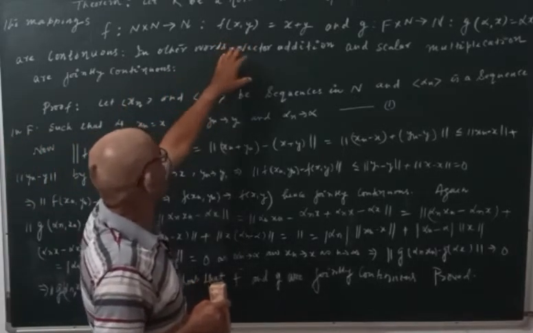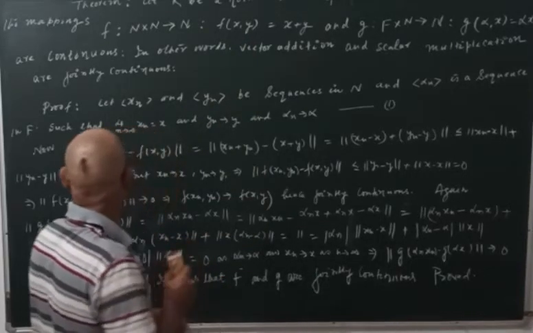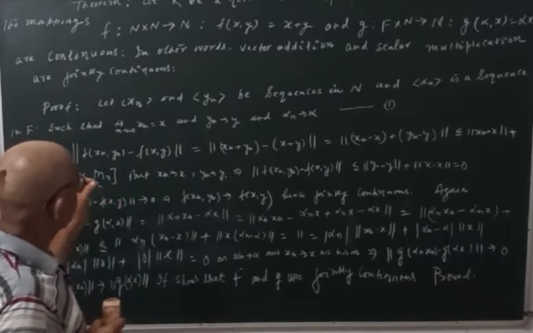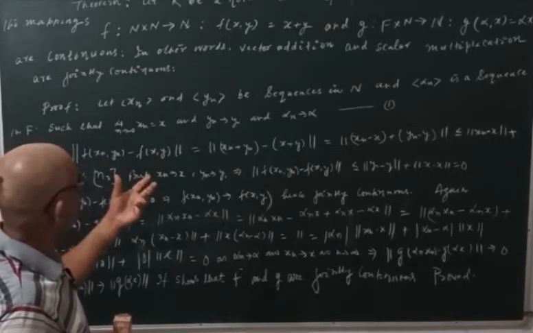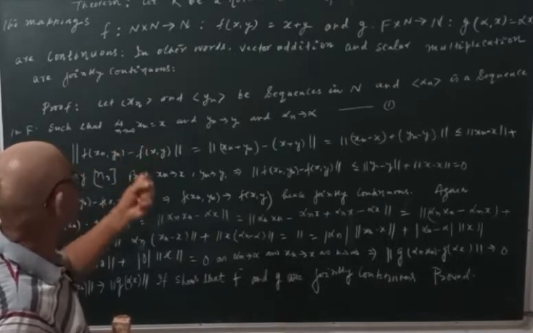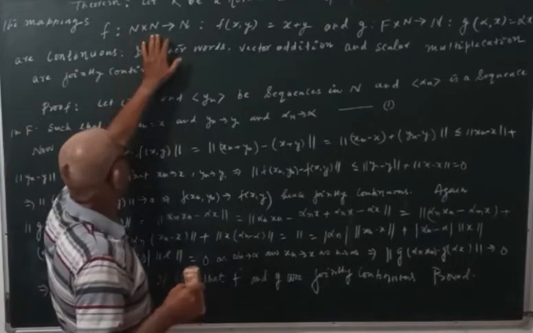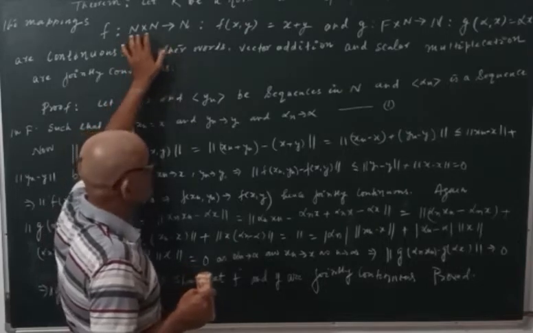So this is the product space. Whenever we define jointly continuous, then we take two numbers in an ordered pair, which is the member of the product space, and we know n cross n is a product metric space, a product topological space.